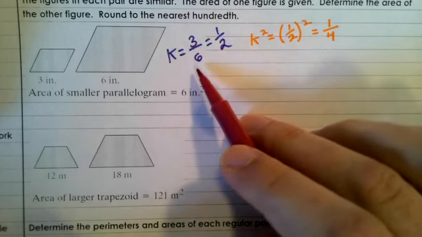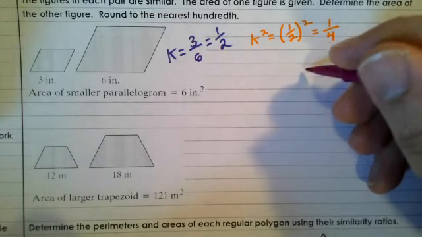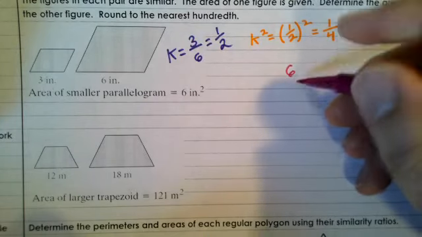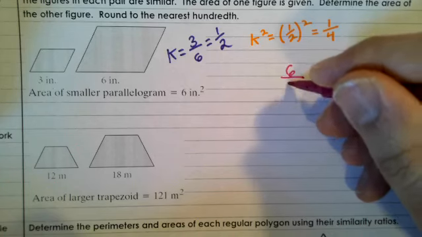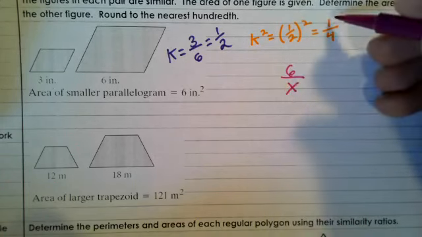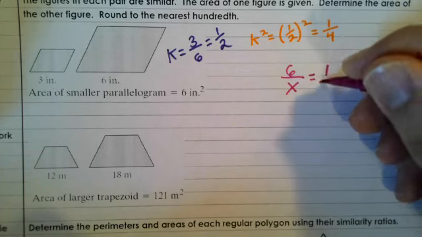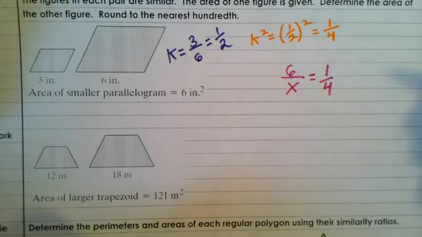Now I did small to big, so I better do this next proportion as small to big. So that's 6 to big, which I don't know, so I'll call it x. I know that this ratio has got to equal this ratio that I just got. So this has got to equal this 1/4.